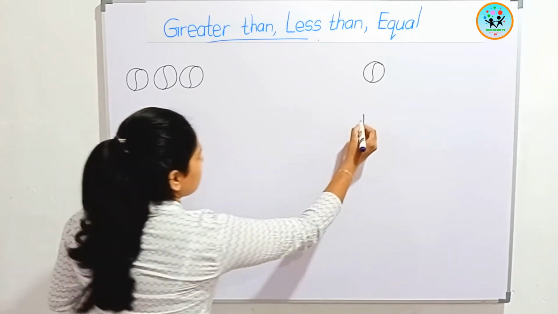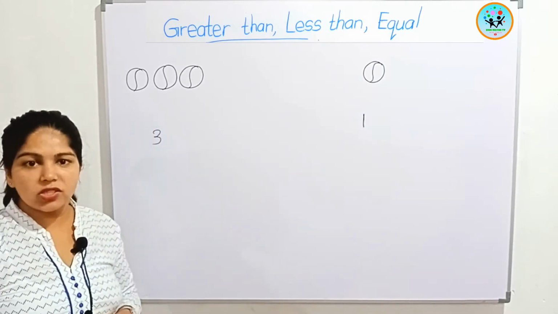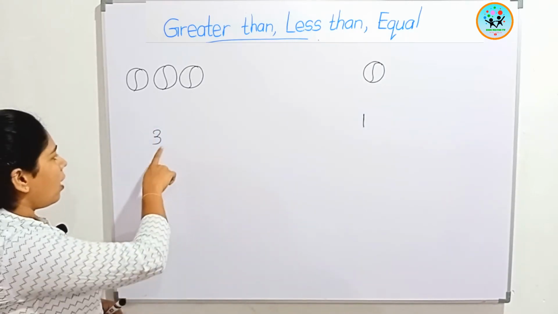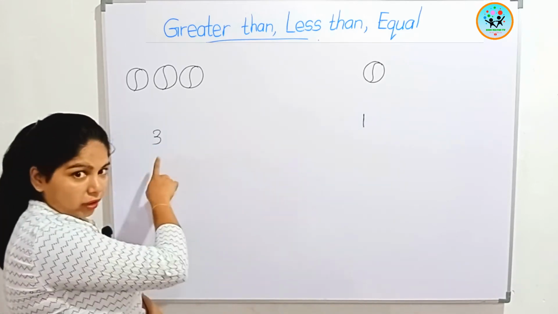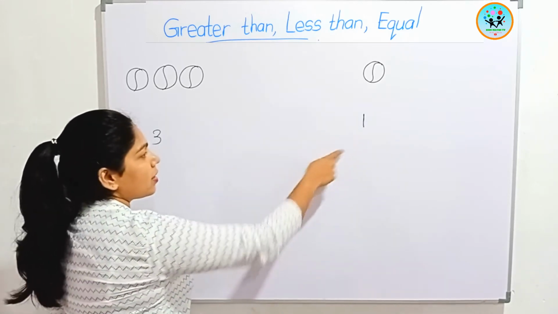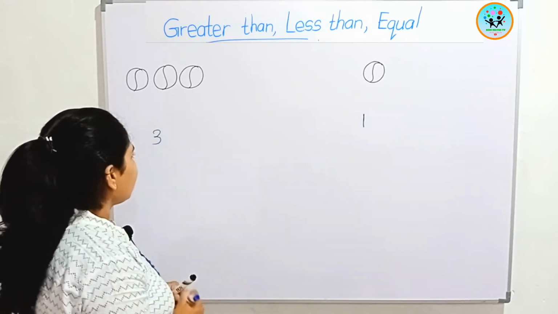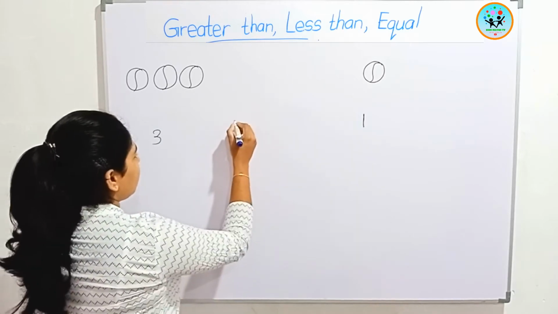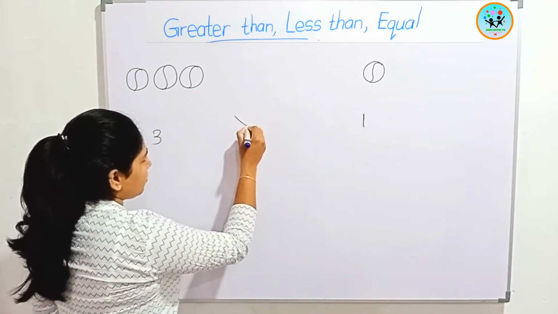Now, tell me, students, which number is greater than? Either 3 or 1. Yes, number 3 is greater. Then, we will place the symbol like this.